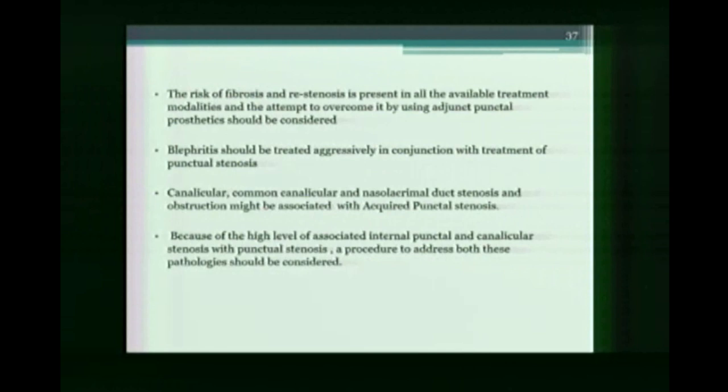Canalicular, common canalicular, and nasolacrimal duct stenosis or obstruction all might be associated with acquired punctal stenosis. Because of the high level of associated internal punctum and canalicular stenosis with punctal stenosis, a procedure should address both problems and pathologies together.